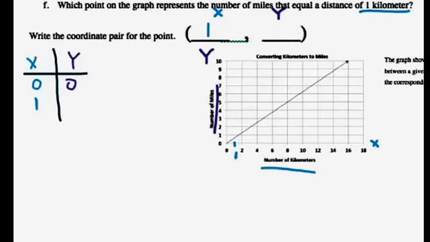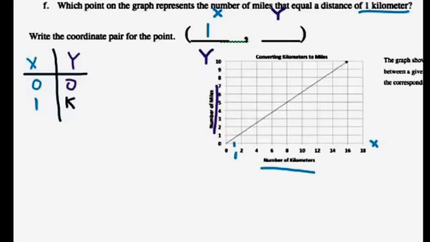Whenever x is equal to 1, y is always k. We also see that in our graph. When x equals 1, y is always k. So x equal to 1's traveling companion is always k, the constant of proportionality.